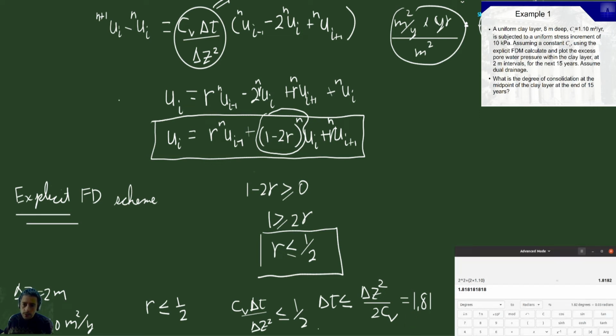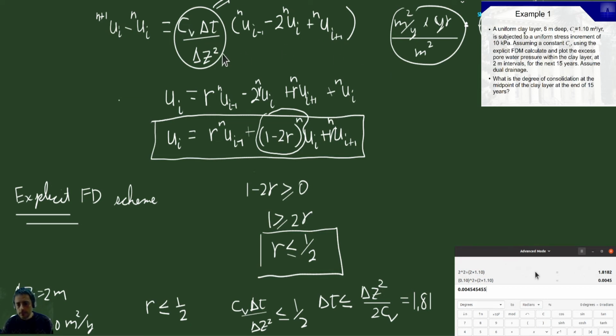That's the largest time increment that we can use. So what if, instead of 2 meters, we had used 10 centimeters? Then the largest time increment we could have used was 0.004 years. So always be careful with this, and we will see what happens if we use a time increment larger than what we are allowed.